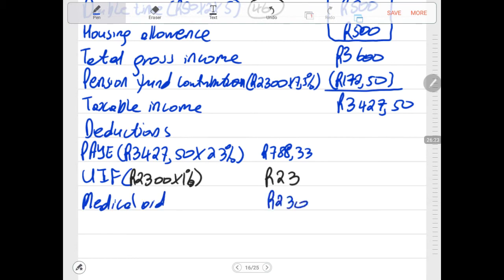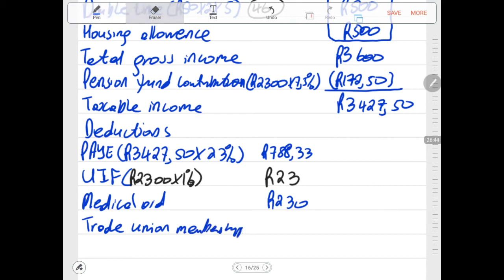And another deduction that I want to bring to your attention, which is not here, is the trade union membership fee. There is likely to be a trade union membership fee. It's a very, very popular one.